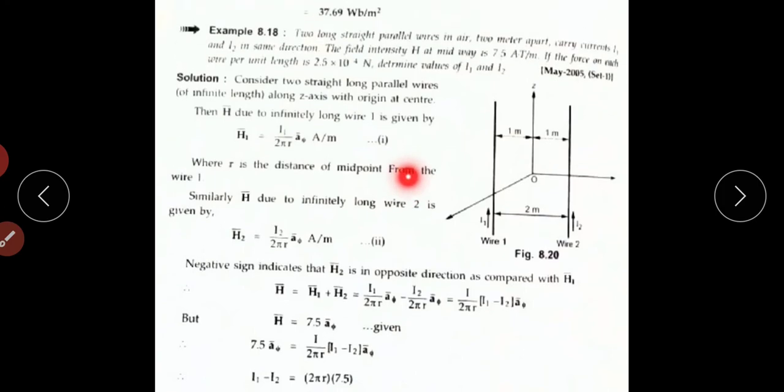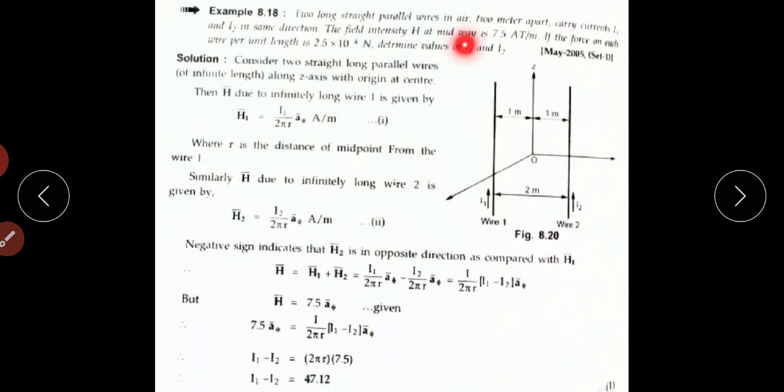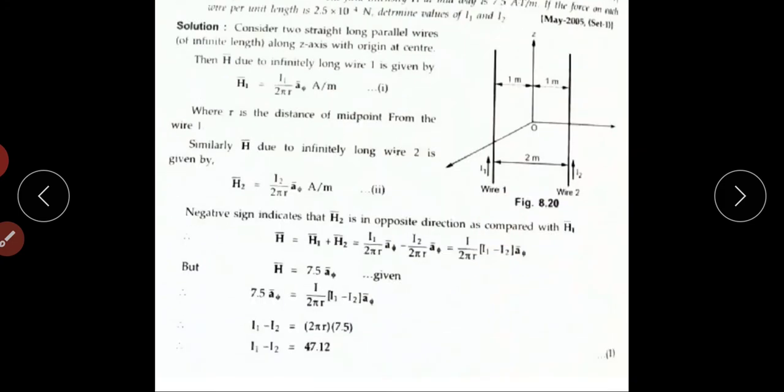But in the problem, they gave the magnetic field intensity at the midpoint equals 7.5 ampere turns per meter. So 7.5 into a phi bar equals 1 by 2 pi r into I1 minus I2 into a phi bar, and finally I1 minus I2 equals 47.12. Let it be equation number 1.